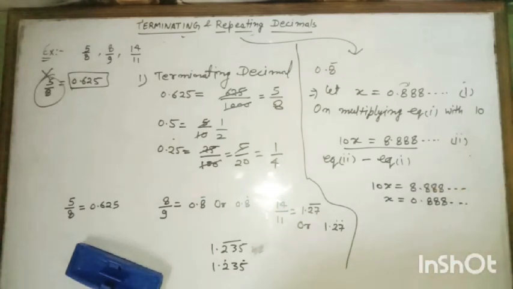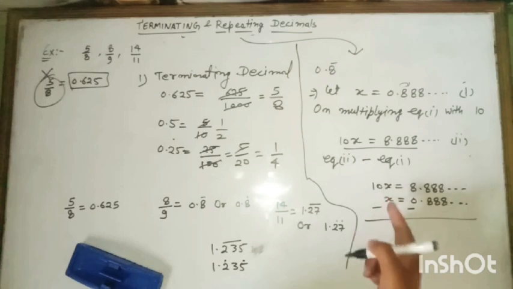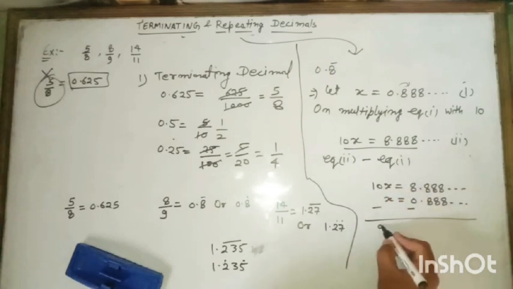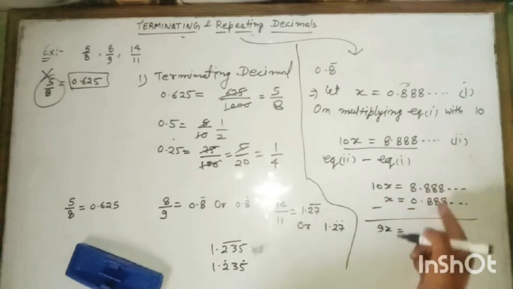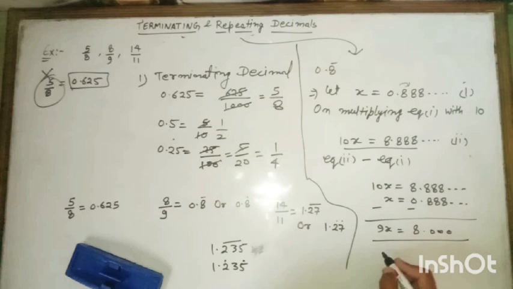So what will be our result on subtracting? 10x minus x will be equal to 9x is equal to, in the same way 8 minus 0, it will be 8 only, and this will remain 0 0 0 like this, because it will be 0 0 0 after subtracting. So you can write here 9x is equal to 8, in the same way x is equal to 8 upon 9.